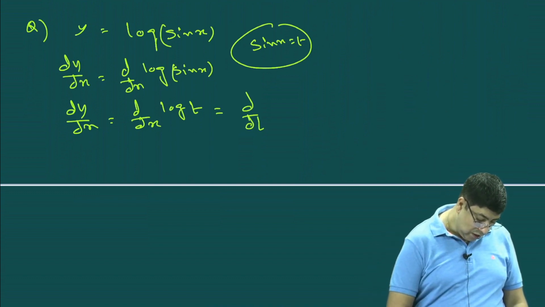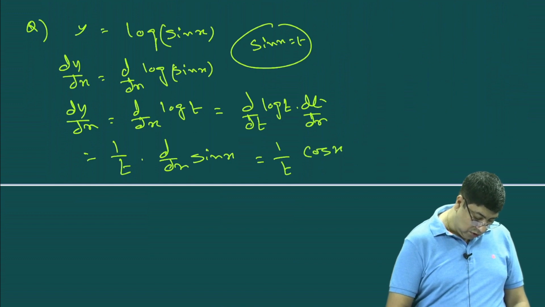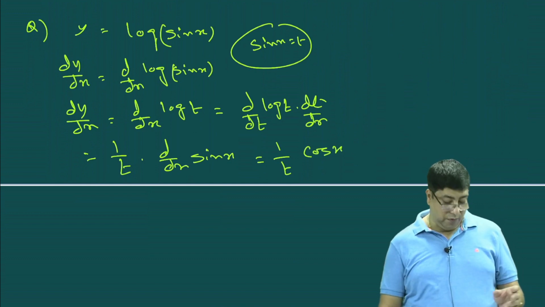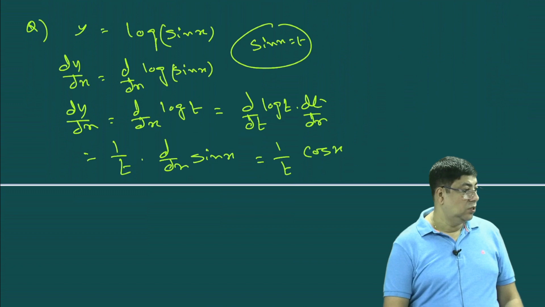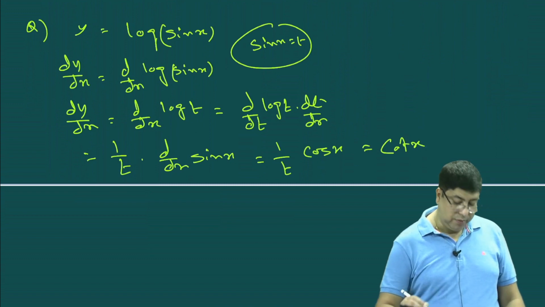So d/dt of log t into dt/dx. The derivative of log t is 1 by t, into d/dx of sin x, which is cos x. Therefore 1 by t into cos x. If we put the value of t, which is sin x, we are getting cos x by sin x, cot x.